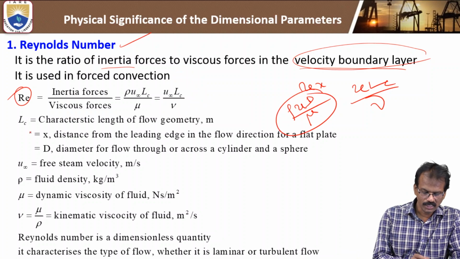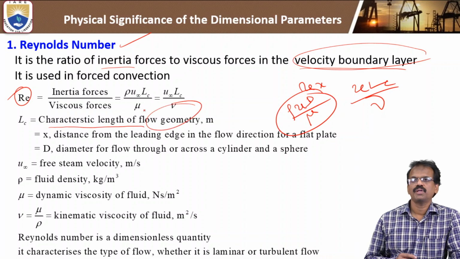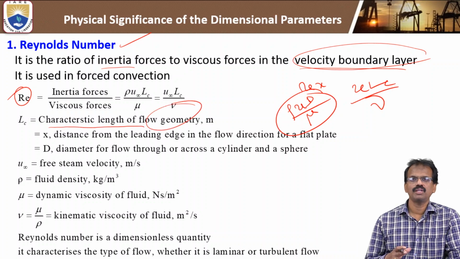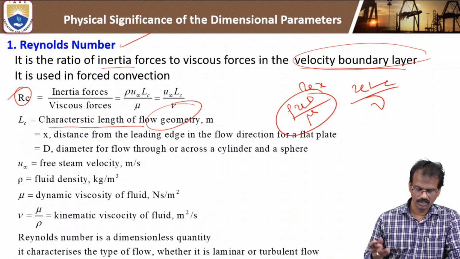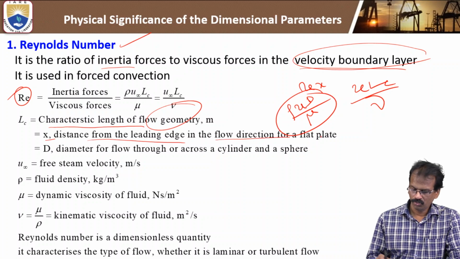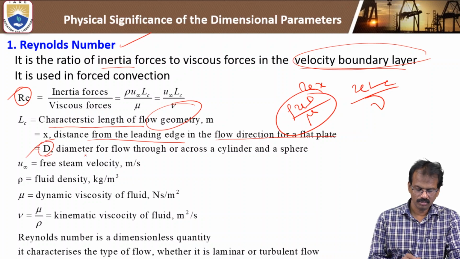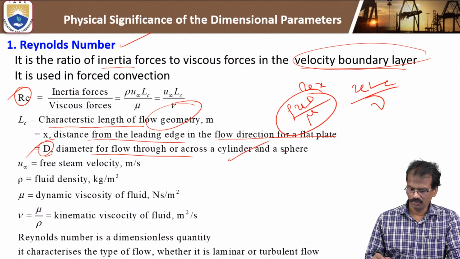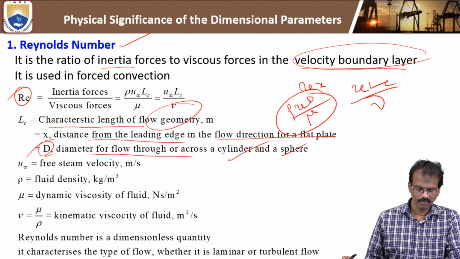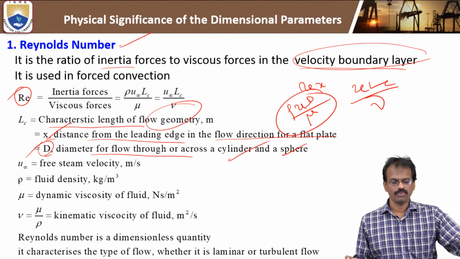Lc is the characteristic length of the flow geometry, whether rectangular, circular, or any other shape. If it is rectangular, Lc is equal to x, the distance from the leading edge in the flow direction. Sometimes Lc is equal to D because the geometry is cylindrical or spherical.